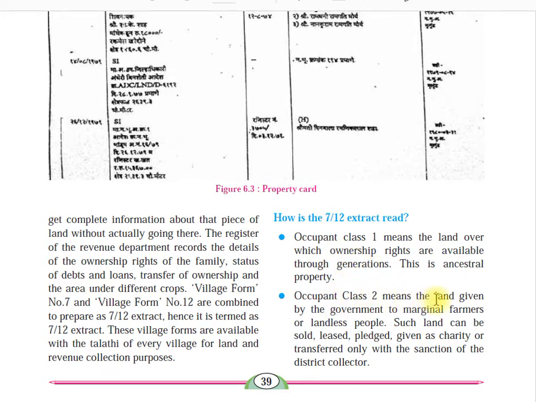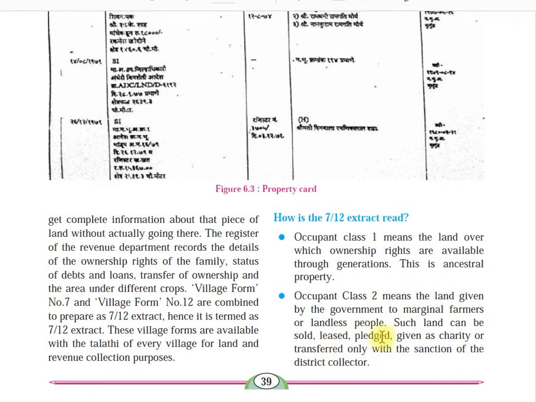Occupant class 2 means the land given by the government to marginal farmers. Now, for whom is the land given by the government to do farming? For landless people. Such land can be sold, leased, pledged, given as charity or transferred only with the sanction of the district collector.